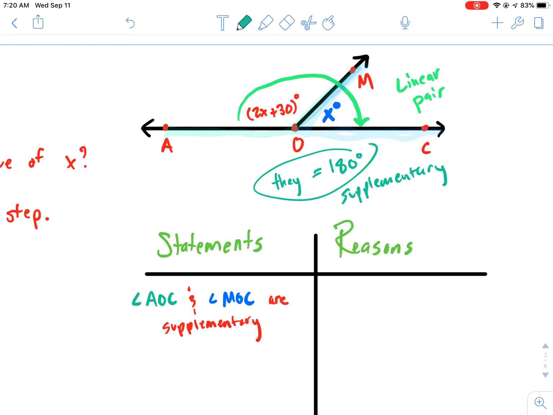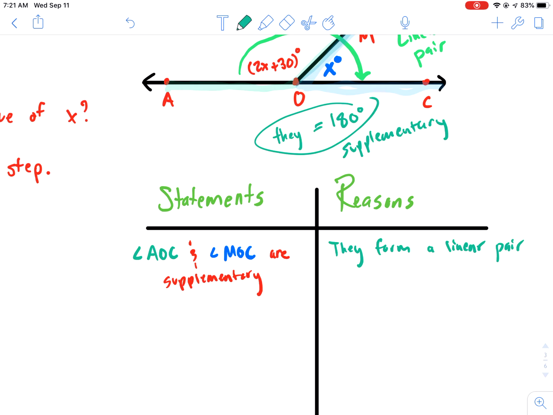So AOC and MOC are supplementary, and the reason is they form a linear pair. A straight line is equal to 180 degrees. So if two angles form a straight line, then they are known as a linear pair or supplementary.